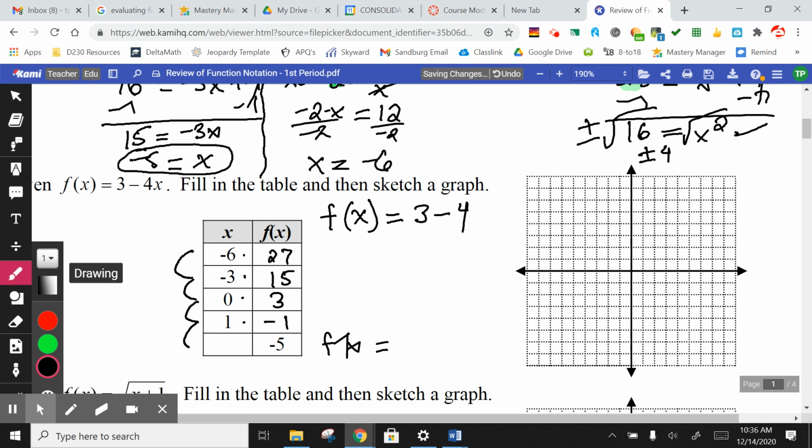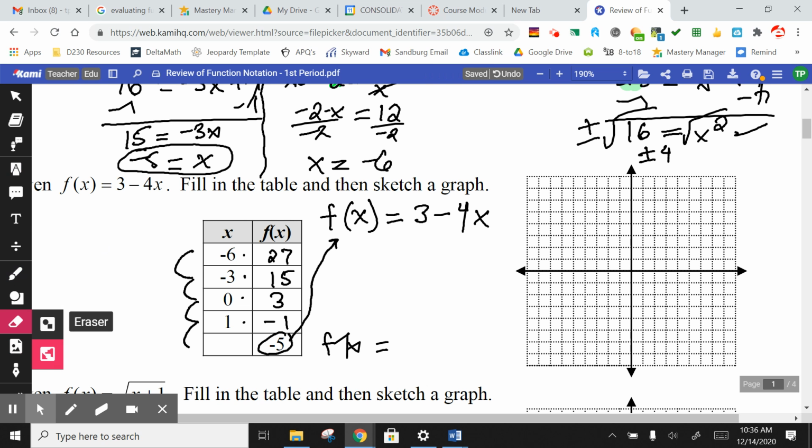Yeah, it's like a delayed reaction for me. And take what f of x now equals. Doesn't f of x in this case equal the negative 5? So we're going to let the f of x become the negative 5. So I'm going to erase this and replace it with that value of a negative 5.